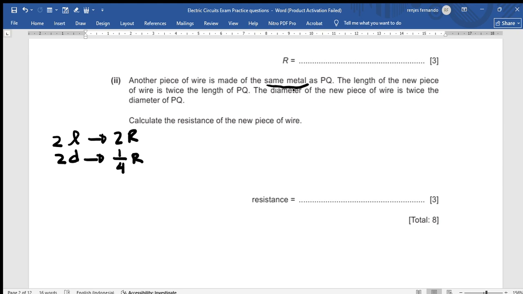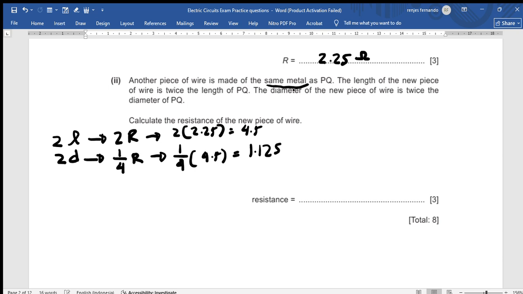The old resistance is 2.25 ohm, so 2 times 2.25 becomes 4.5, and then 1 over 4 of 4.5 will be 1.125 ohm. So the answer is 1.125 ohm.